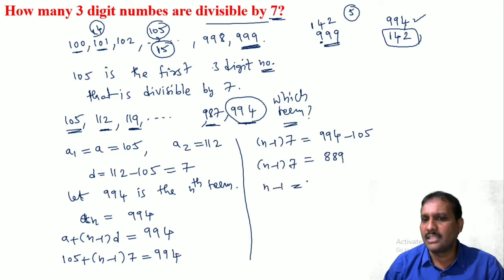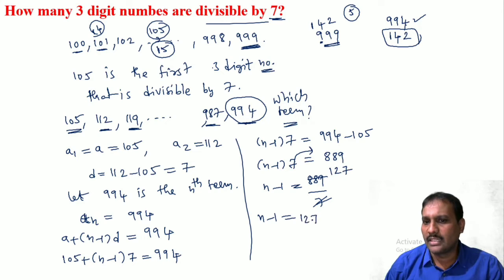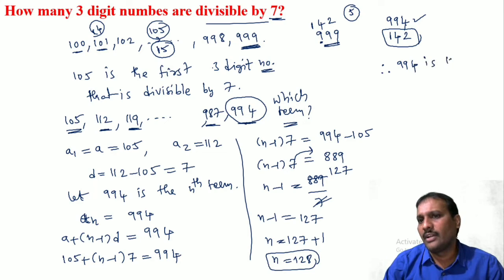n minus 1 is equal to 889 by 7, if you transpose 7 to the other side. Simplify this: 7 1s are 7, 7 2s are 14, and 7 7s are 49. So it is 127, and n is equal to 127 plus 1, that is n equals 128. So therefore what we can conclude, this 994 is the 128th term.